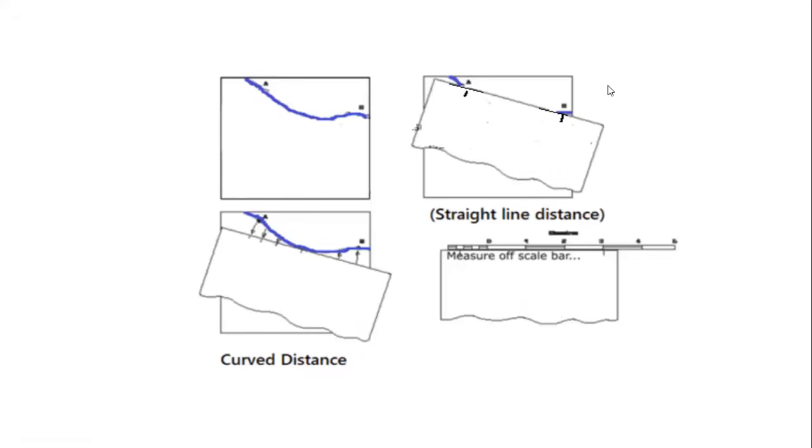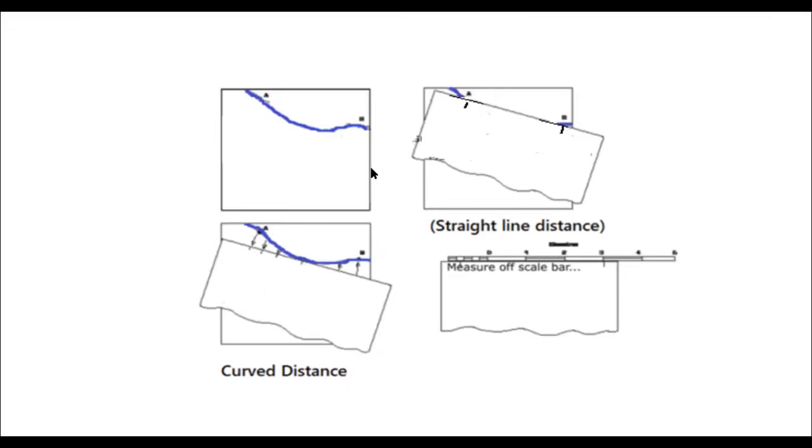All right. So this illustration is just showing the two different ways that you might find distance. You might be asked to find the straight line distance. So all you're going to do is place your paper against the 2 points and you mark off those 2 points.